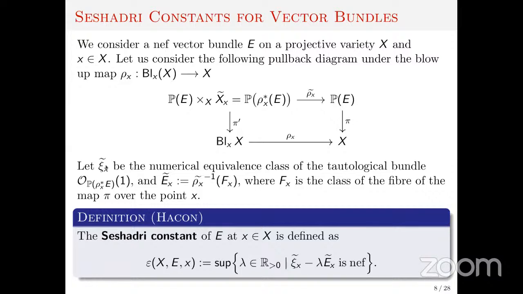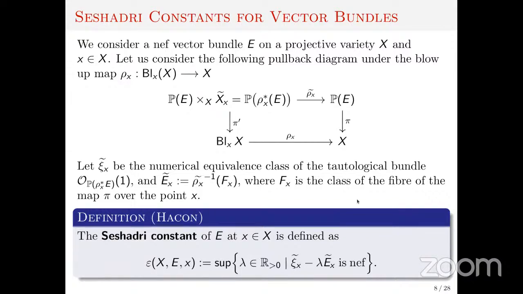I denote by O(1) tilde the numerical equivalence class of the tautological bundle on this projective bundle over the blow-up, and E tilde is just the pullback of the exceptional divisor here. And Hacon introduced this notion of Seshadri constant for vector bundles, which is defined as the supremum of positive real numbers lambda such that O(1) tilde minus lambda E tilde is nef.